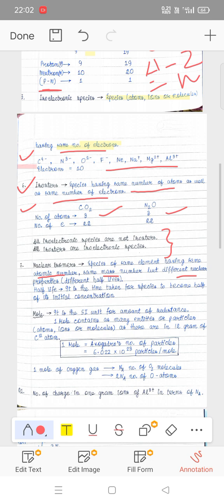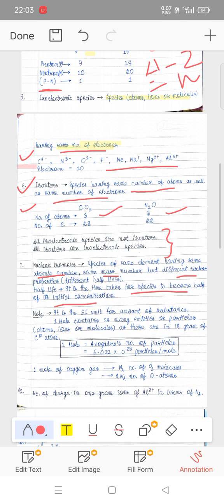So the conditions for nuclear isomers: first, the atomic number should be the same; second, the mass number should be the same; and third, they should have different nuclear properties or different half-lives. So what is half-life? It is the time taken for a species to become half of its initial concentration.